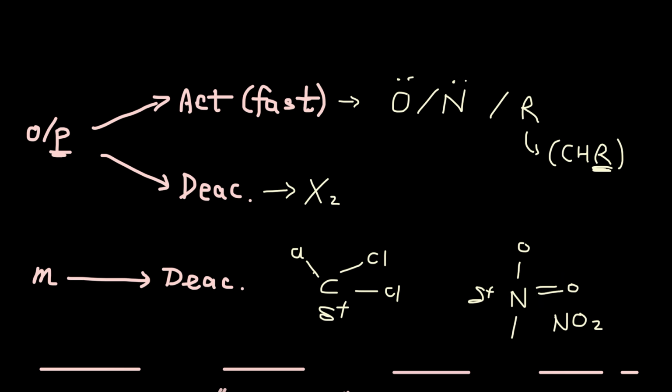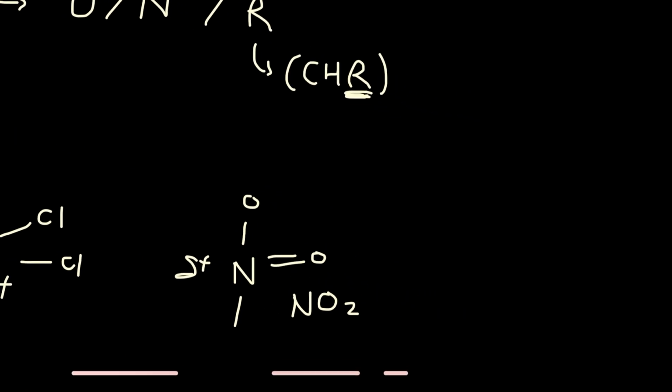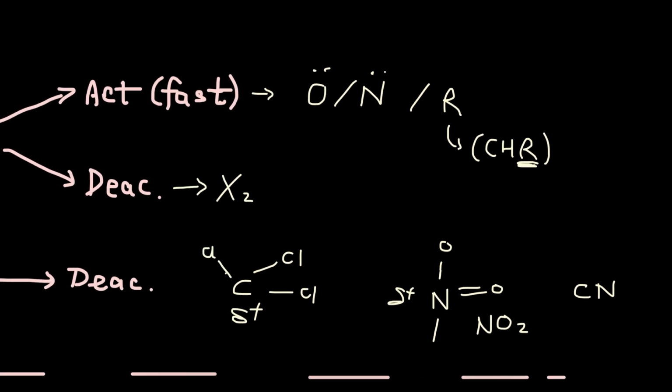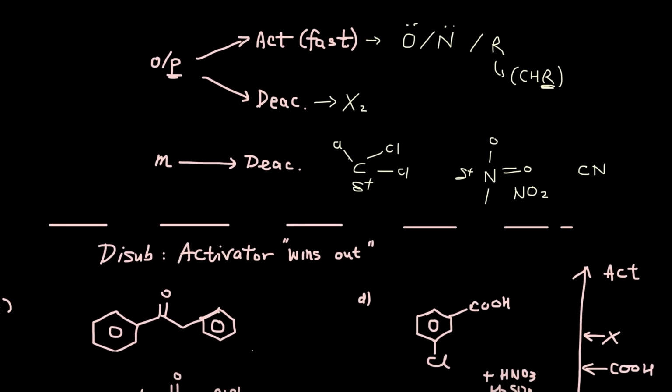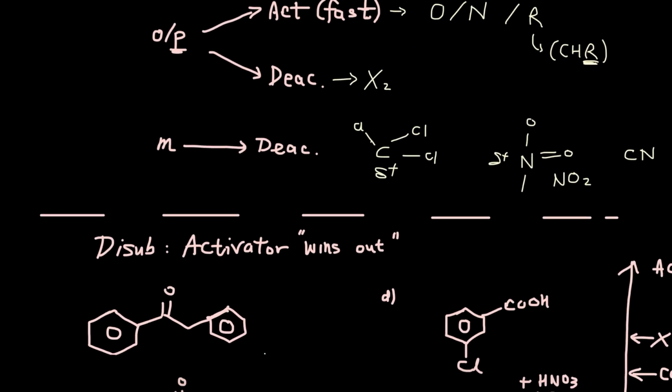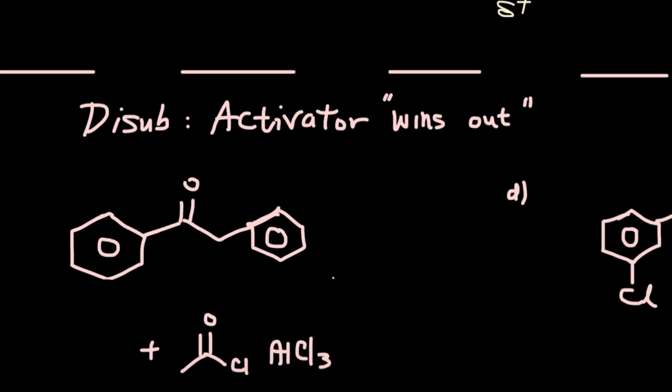So there is typically a list that you would usually want to memorize, but the rule that I just talked about is pretty consistent. So to recap, meta directors have usually double bonds around it and electronegative atoms surrounding it, whereas usually O and N and alkyls are ortho-para directors. Okay, let's try some problems.